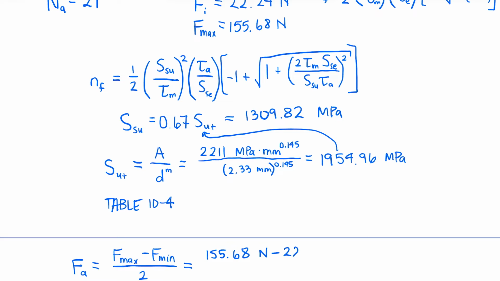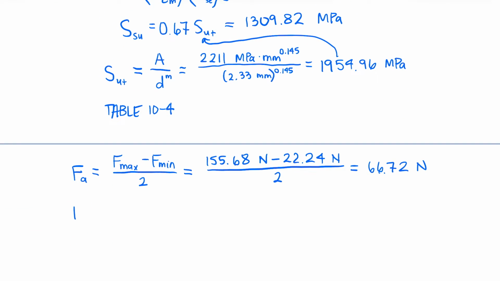Okay, so it's 155.68 minus 22.24 newtons, divided by 2. All right, and that comes out to 66.72 newtons. Now let's find our mean force, which is going to be a very similar calculation.